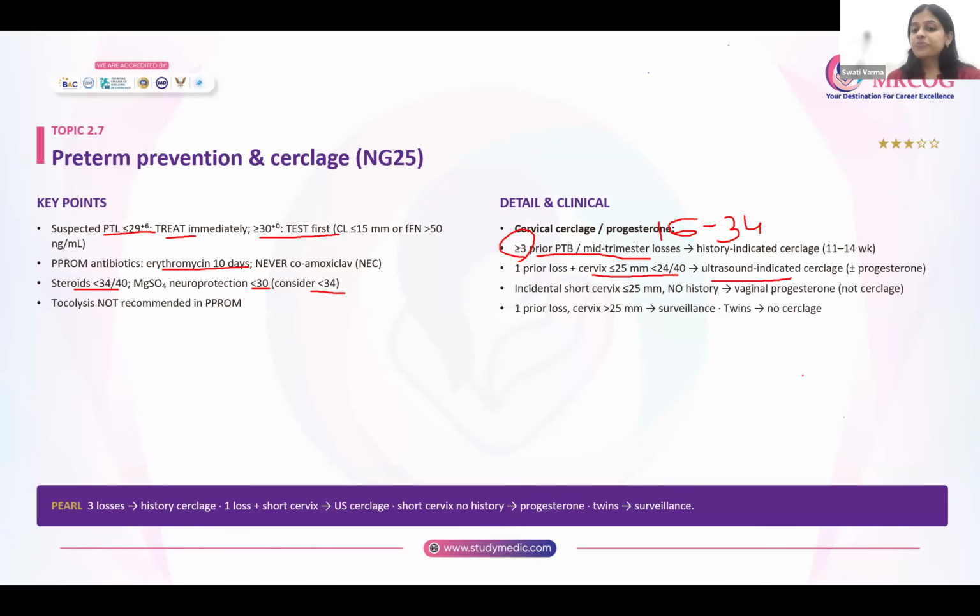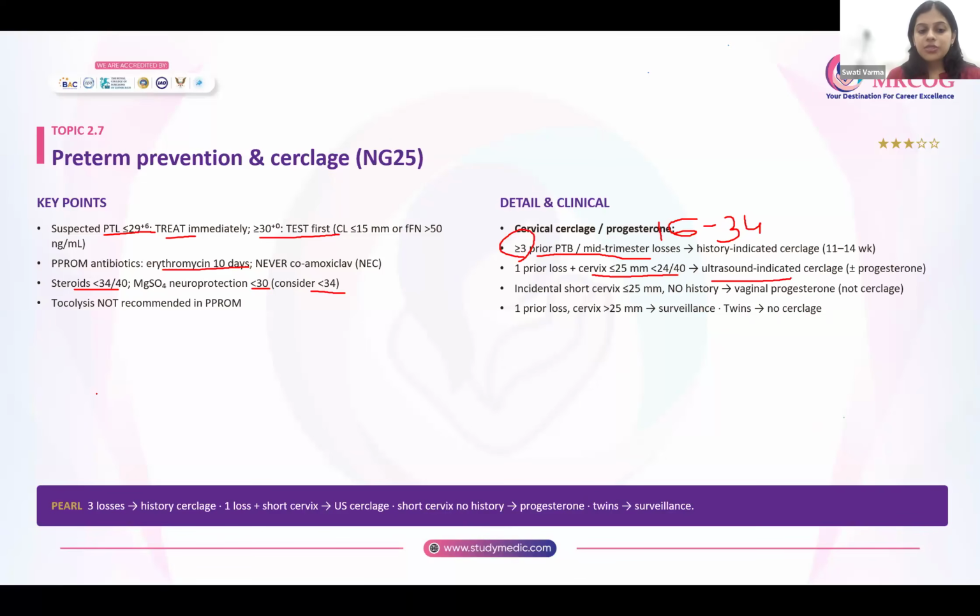Not cerclage. So one prior loss, but cervix is more than 25 mm, then you have to keep her under surveillance. But in multiple pregnancy, never choose the option of cerclage. We don't do it. Okay. So this is in brief regarding what action you will take depending on the scenario.